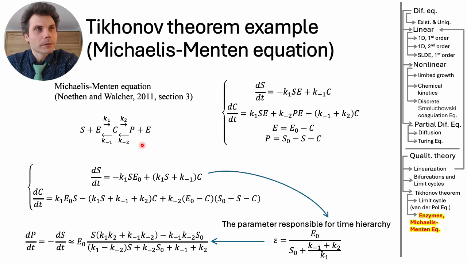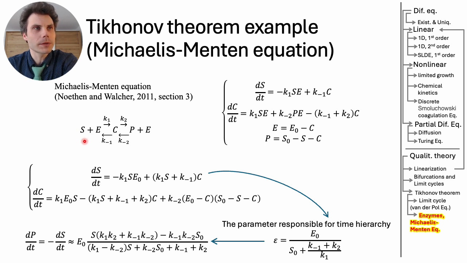This kinetics can be analyzed in the same framework as we just discussed, and an exhaustive description of it is done in this work, Newton and Volter, particularly in section 3. So please refer to it. But the idea behind this analysis is the following.